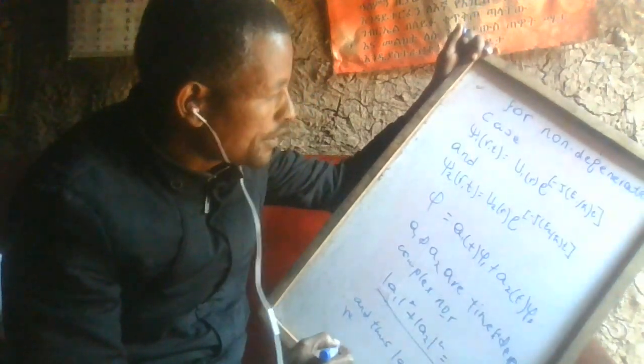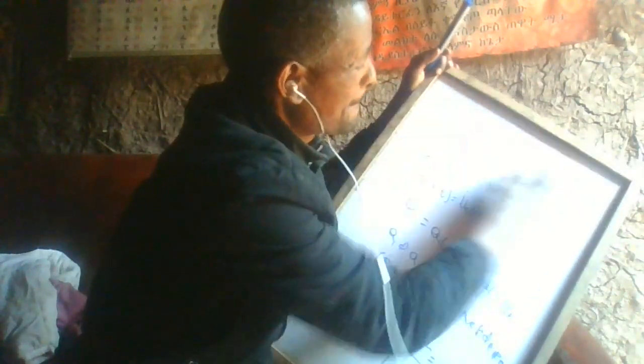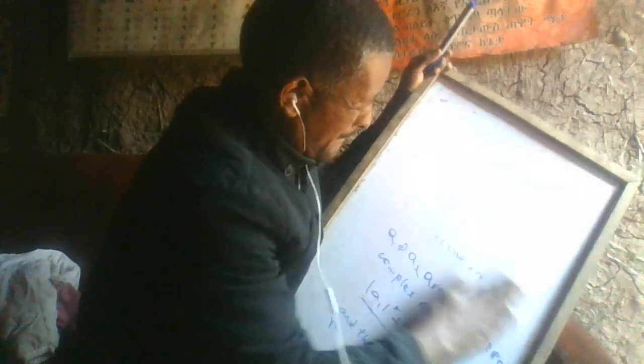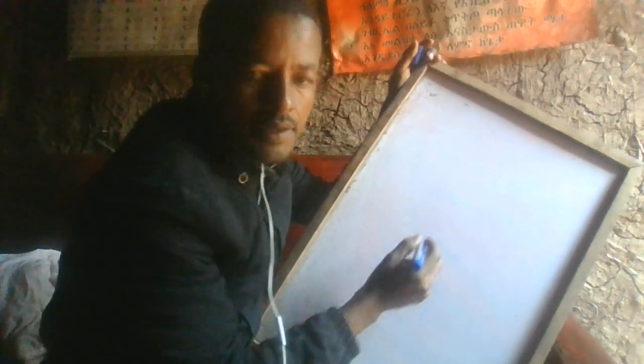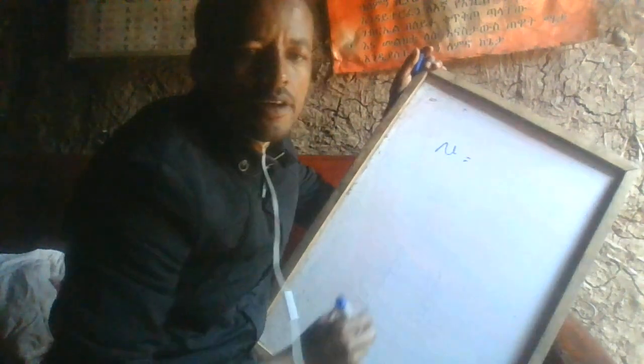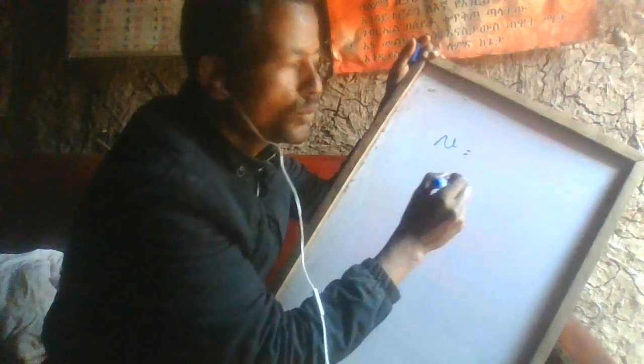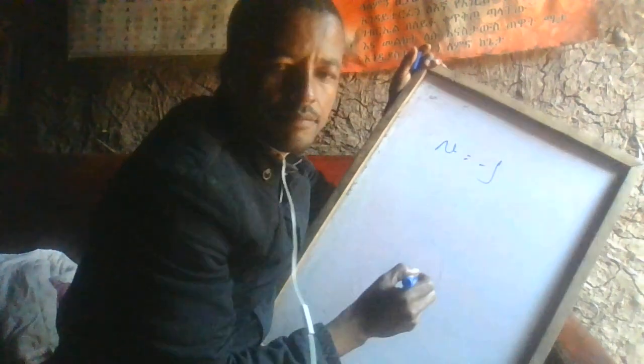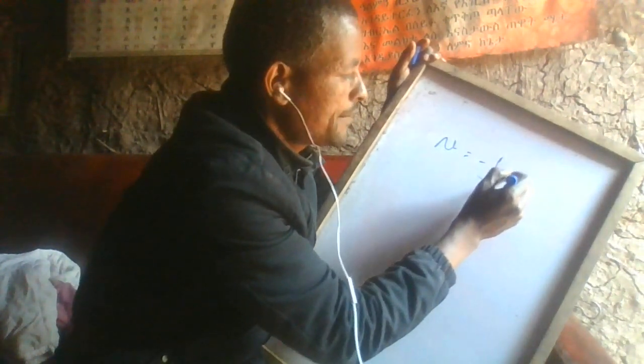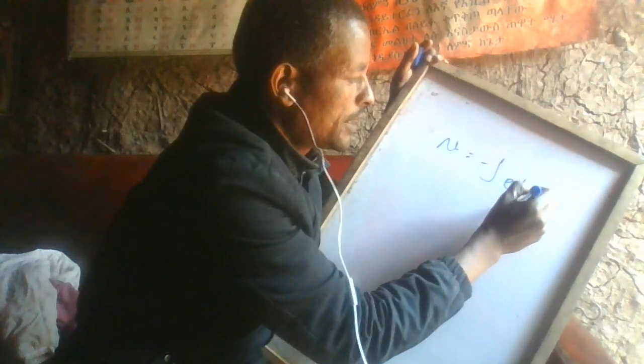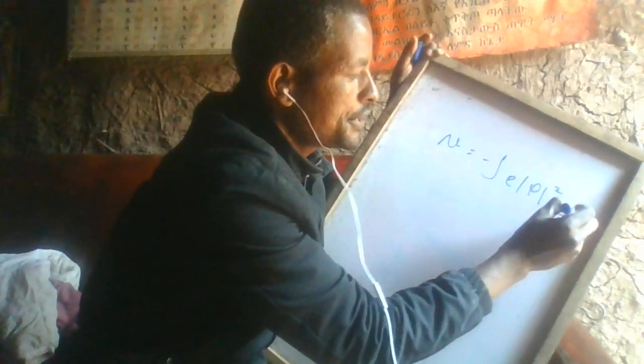We have mu, the electric dipole moment of the atom, equal to negative integral of e times the magnitude of psi squared times r dV.